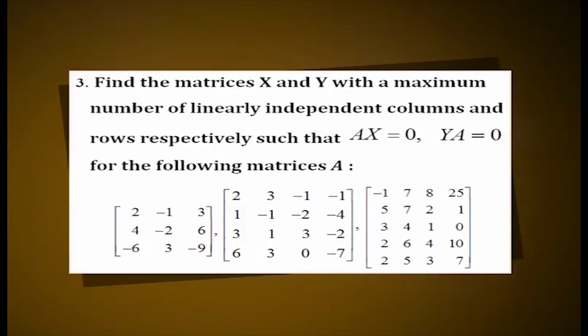Matrix 2 3 minus 1 minus 1, 1 minus 1 minus 2 minus 4, 3 1 3 minus 2, 6 3 0 minus 7. Matrix minus 1 7 8 25, 5 7 2 1, 3 4 1 0, 2 6 4 10, 2 5 3 7.